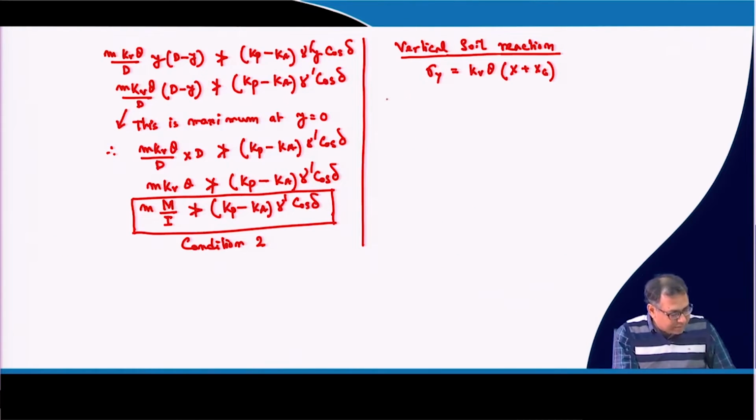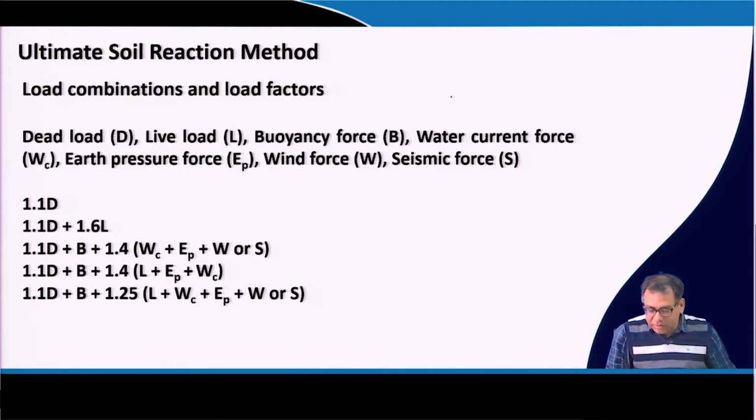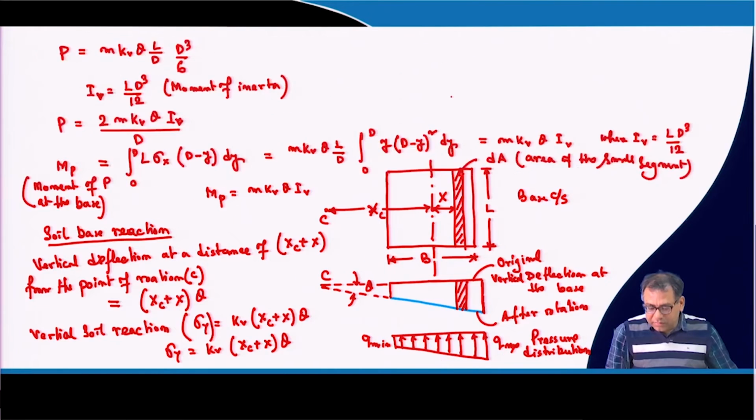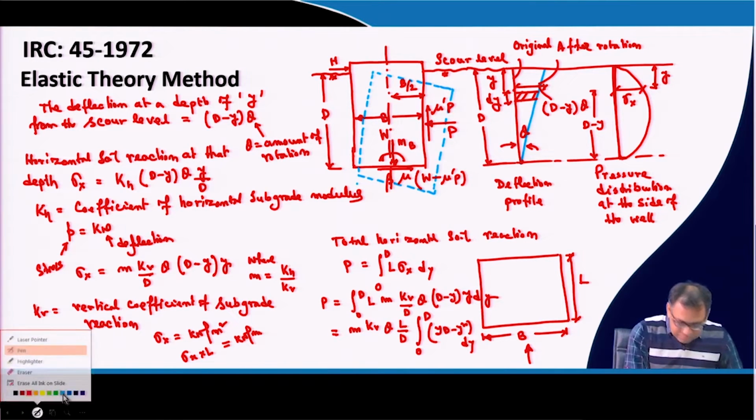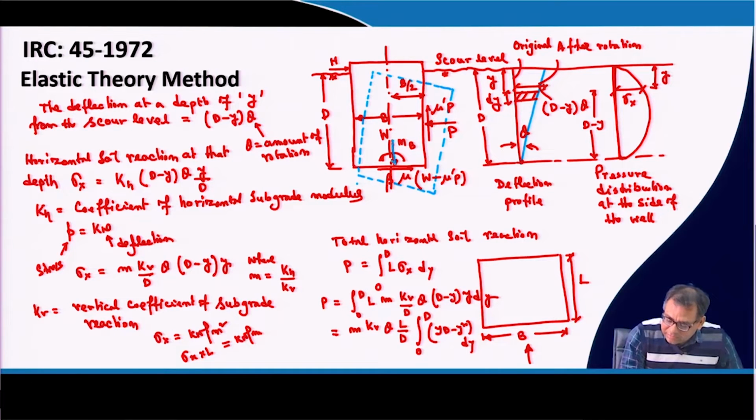Now we can write W minus mu dash p, that is the total vertical downward force. W is acting in the downward direction and mu dash p is acting in the upward direction. These are the only two vertical forces.